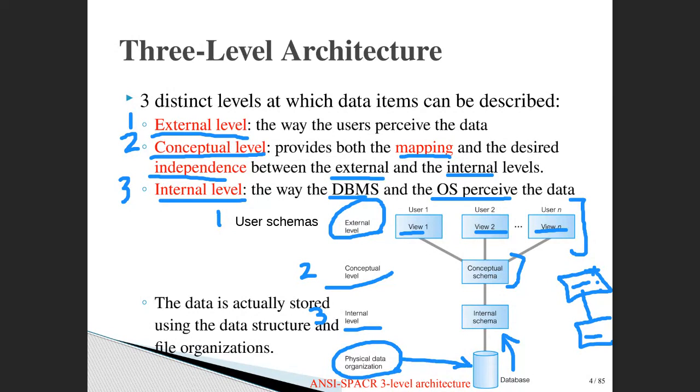The second level is the conceptual level. This is where we can represent the data, like, for example, let's talk about this SIS, okay? How we can represent the data logically.